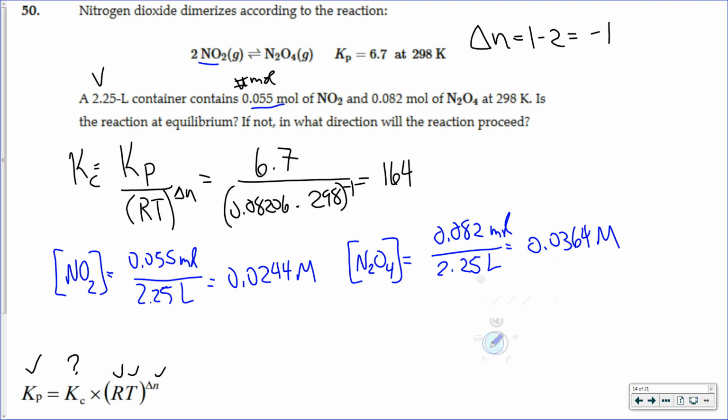So now I want to plug in and find out what Q is. Q is going to be products over reactants.